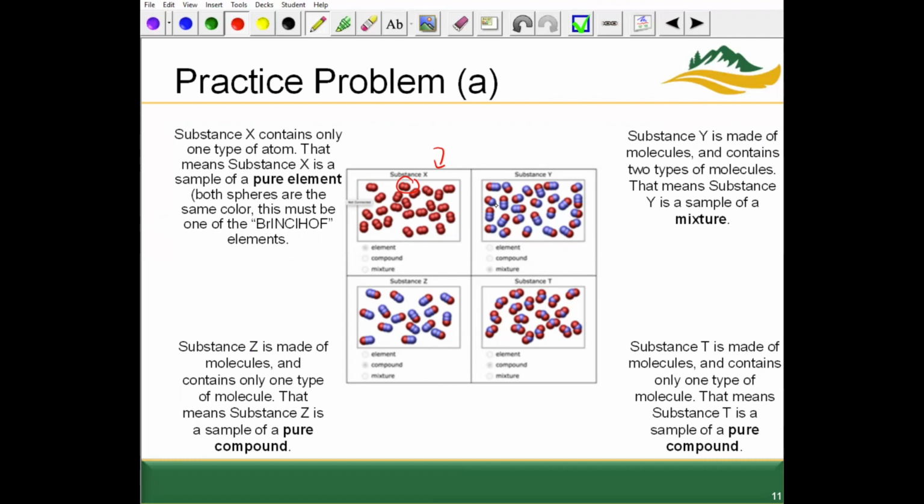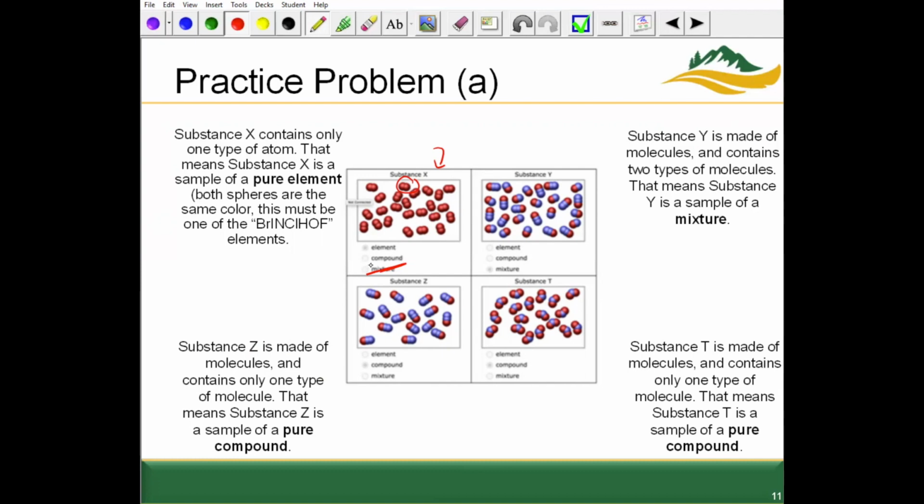There's nothing else present in that box. So we know off the bat that that is not a mixture. Next, going back to our definition of a compound, that has to be composed of two or more elements. And right here, red and red, that's supposed to be a representation that this is the same element just bound to another one of the atoms of that element.